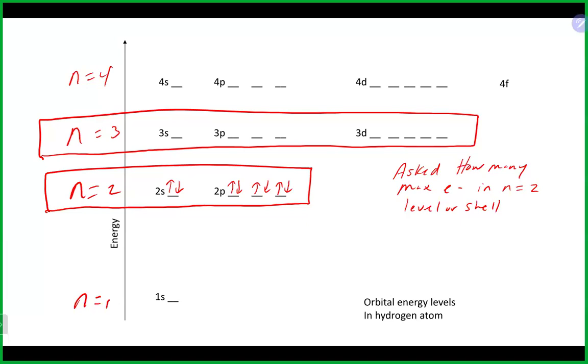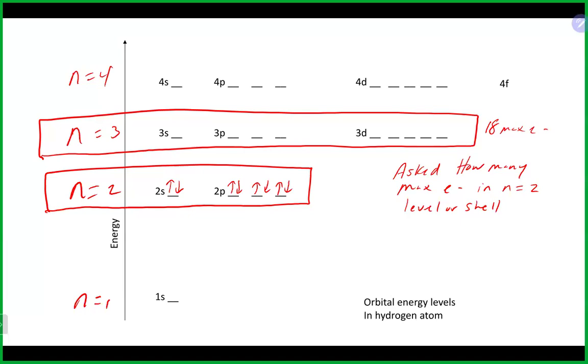If we were able to fill the d orbitals, we could put another 10, which means that if we completely filled the third energy level or shell, we're looking at 18 electrons, again with the extra 10 in there. So if you're asked how many in a level or shell, that's what it's referring to: the energy level, any orbital that has that number you want to count.